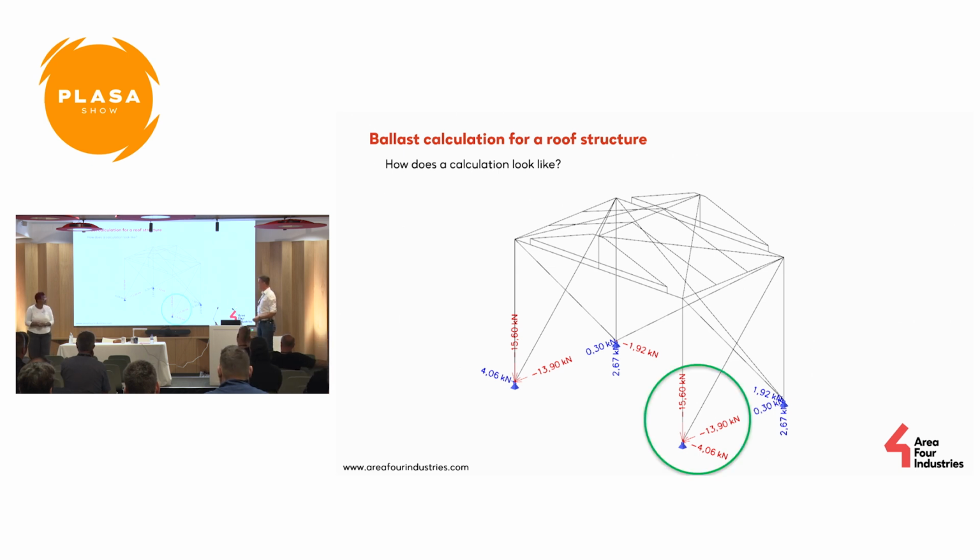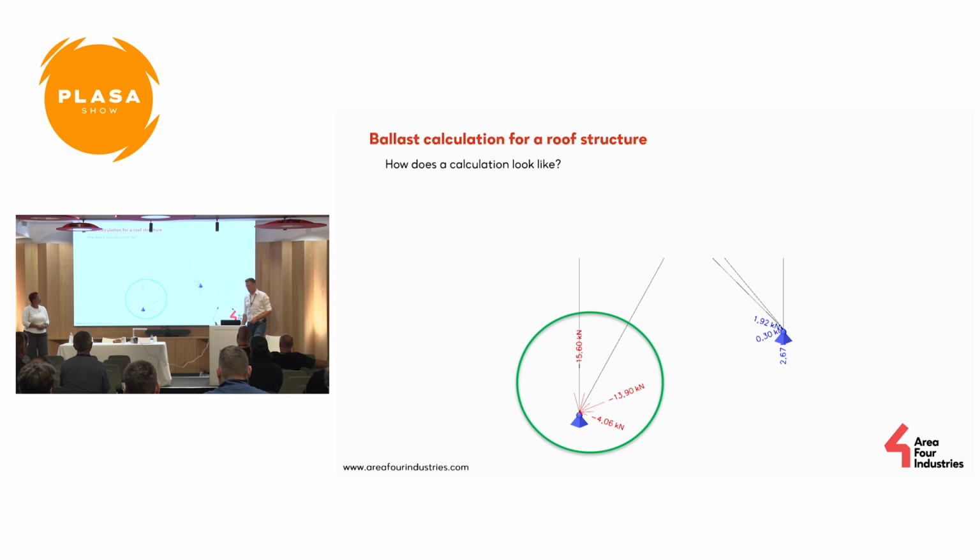And the support forces are nothing else than the reaction of the imposed loads. Now let's have a look at the front left base. There is a vertical uplifting force of 15.6 kilonewton, which equals 1.56 tons, roughly. And a horizontal 14 kilonewton acting.